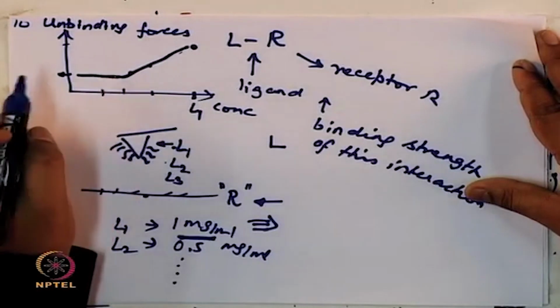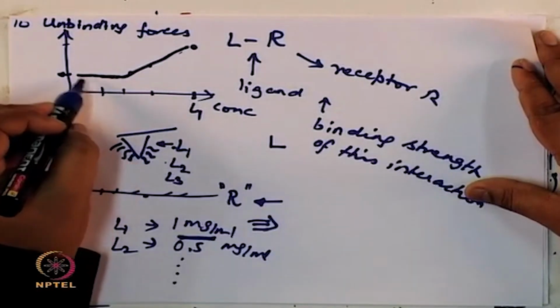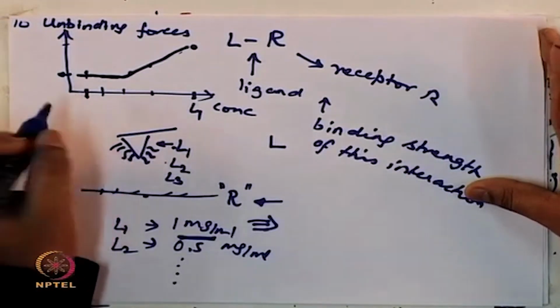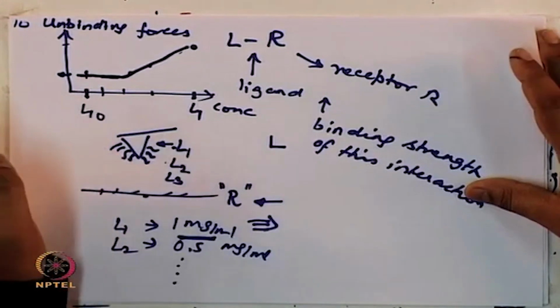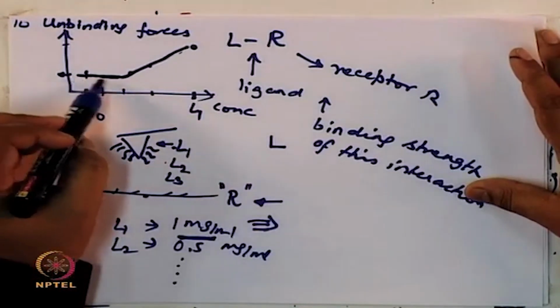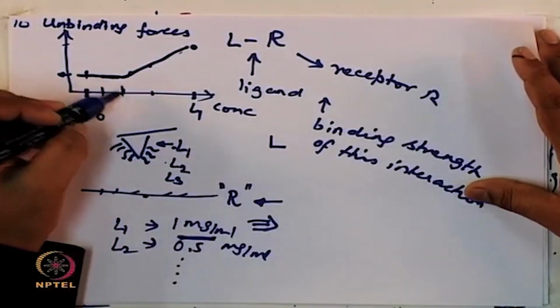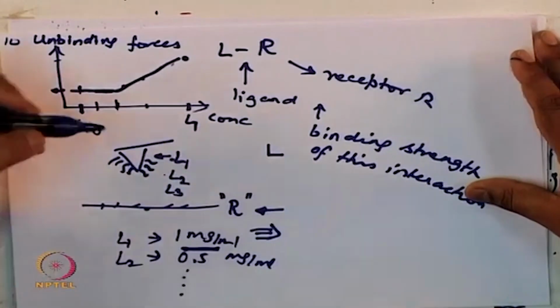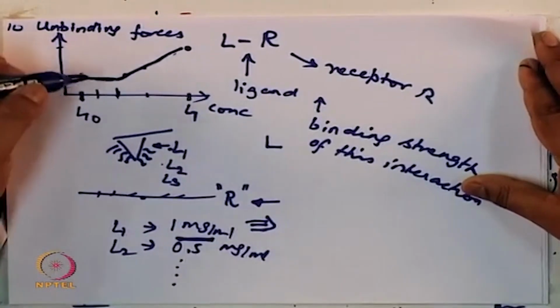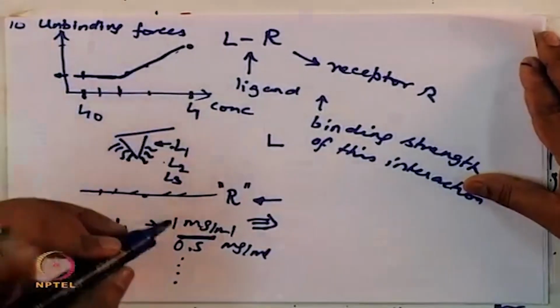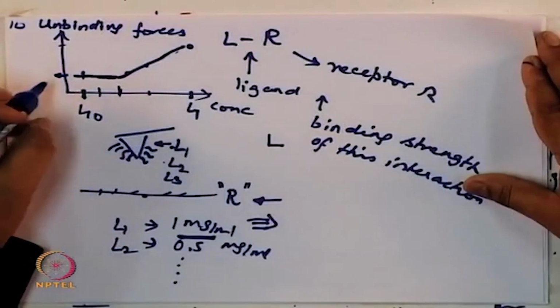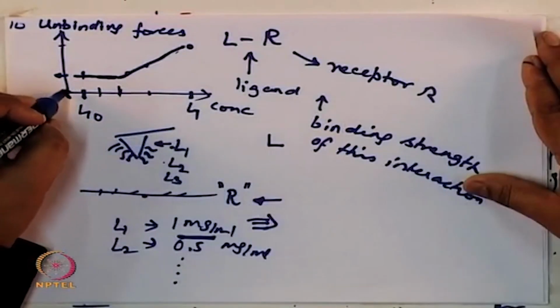If I begin to see a plateau, and let us say this is my lowest concentration, L10, then till L10 I see a plateau. What this means is that in this range of concentration, it is likely that only one bond is forming, because if I reduce the concentration further, I only hit a value of 0 and nothing.